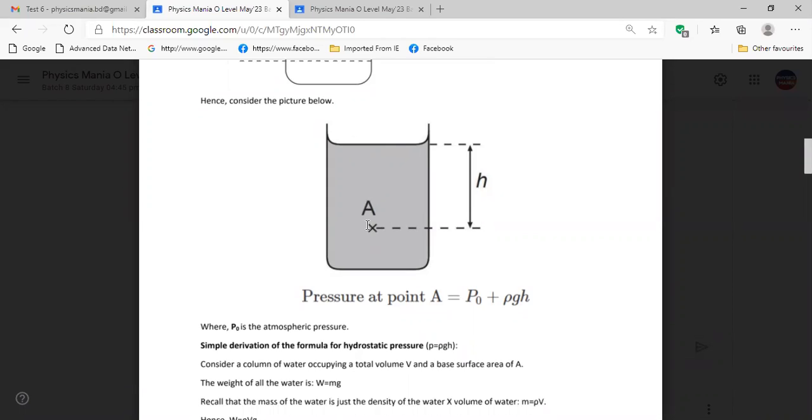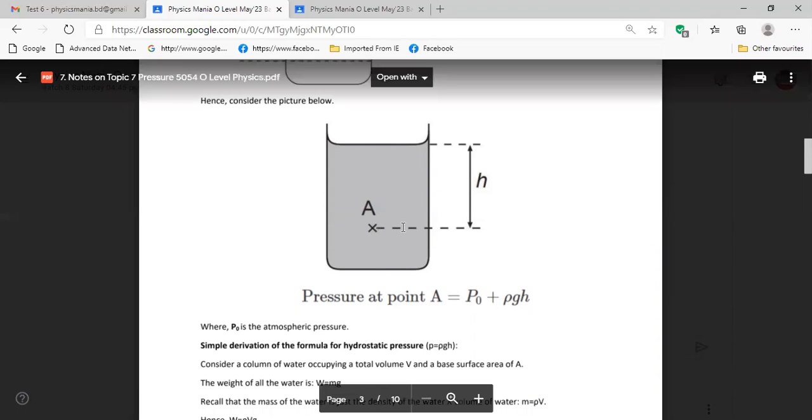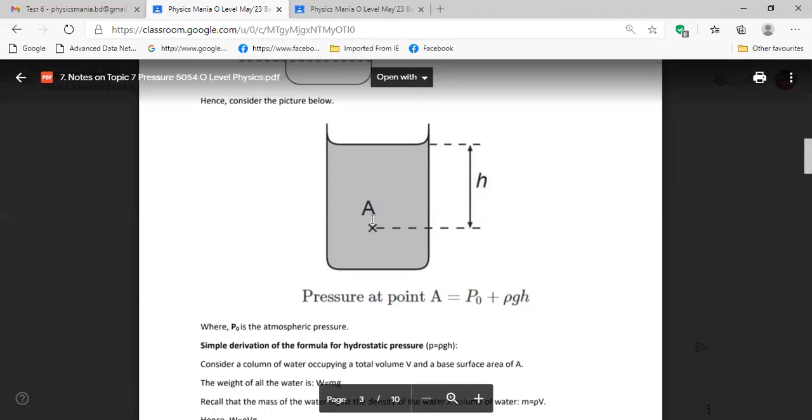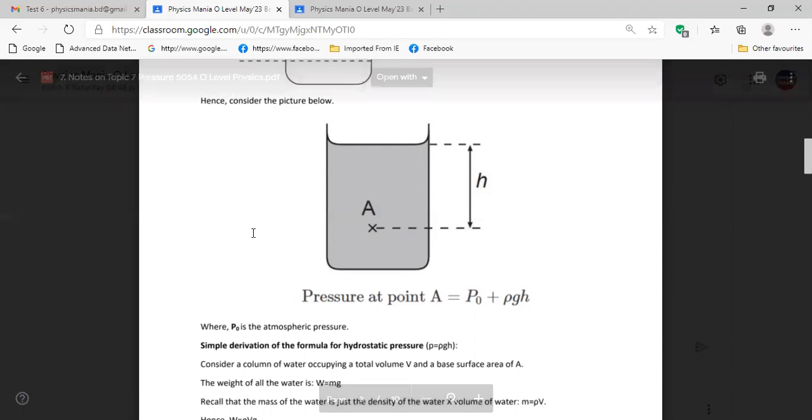So if you want to calculate the pressure at this point A, you have to add the atmospheric pressure to the liquid pressure. So P naught is the atmospheric pressure plus rho g h is the liquid pressure. Okay, is it clear?